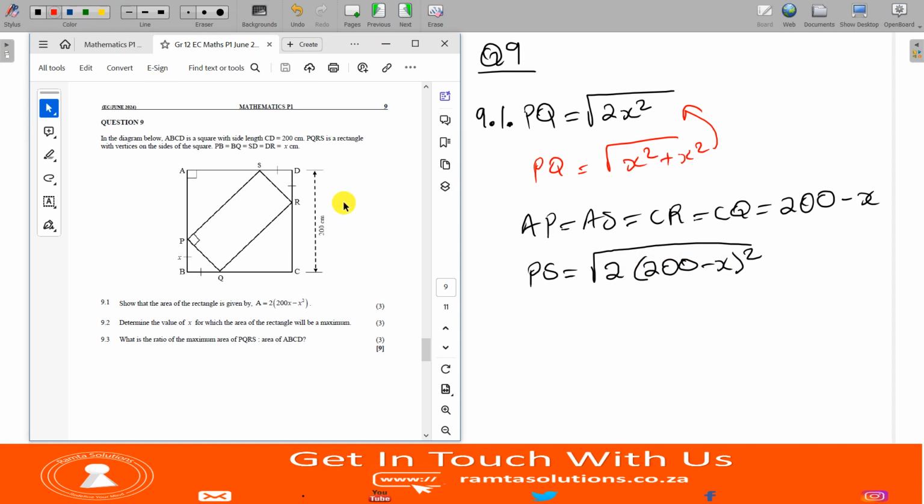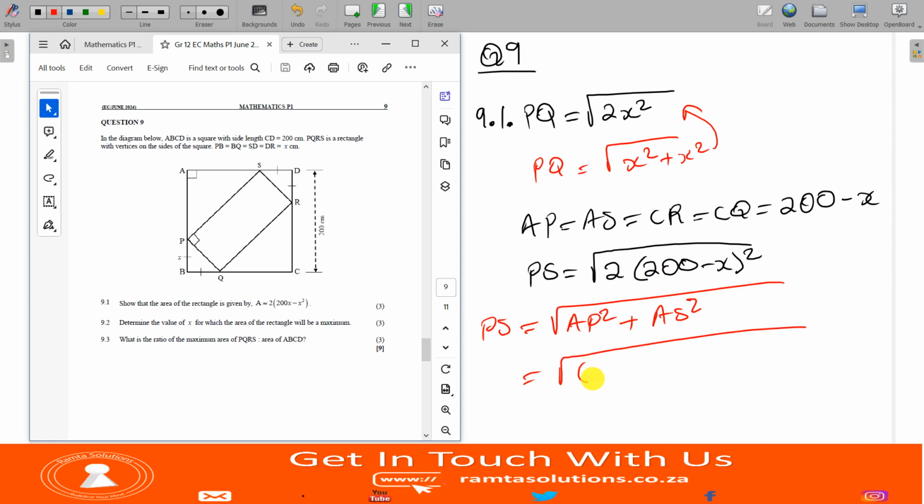So we will say PS is equal to the square root of AP squared plus AS squared. What did we say these guys are? 200 minus x all squared plus 200 minus x all squared. As you can see, it's two of the same thing.